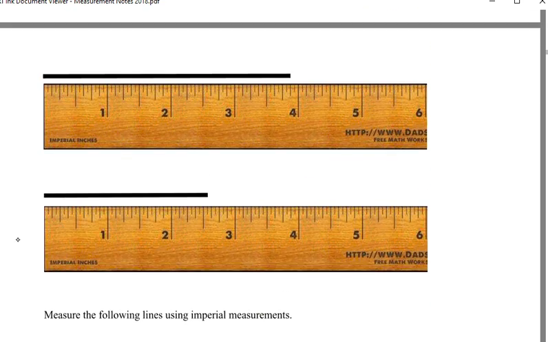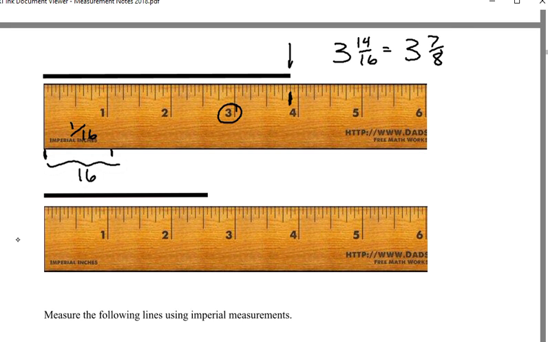Next couple, what's the difference here? Well, now we recognize the other ruler. We're looking at a 16th ruler now. We could check, but from 0 to 1, we have 16 pieces, so we're looking at 1/16 for the ruler. So for this length here, we're at 3 wholes, and we can see that we're at 2, 4, 6, 8, 10, 12. We're at 14 sixteenths, which would be 3 7/8 of an inch.